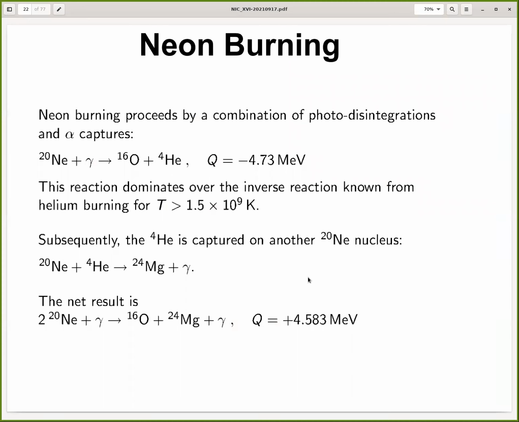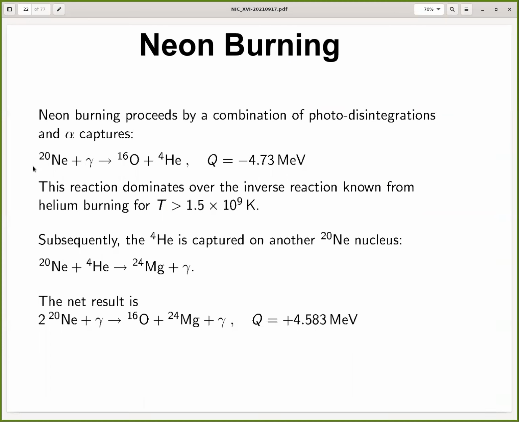So what happens for neon burning is that it doesn't do the same thing as carbon does, namely two neon just coming together and making a reaction. No, instead you have a combination of a photodisintegration reaction and an alpha capture.